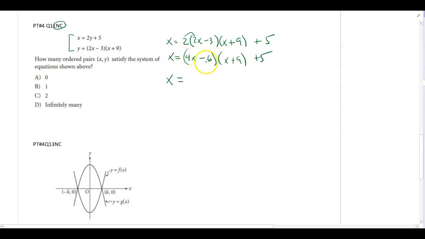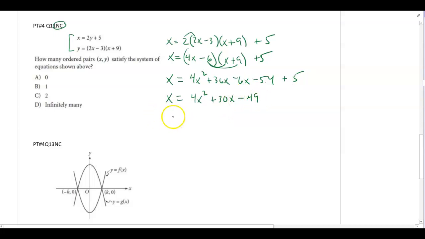X equals, that's going to be 4x squared plus 36x minus 6x minus 54 plus 5. Now, simplify it even further. 4x squared plus 30x, negative 54 plus 5 is going to give me minus 49.